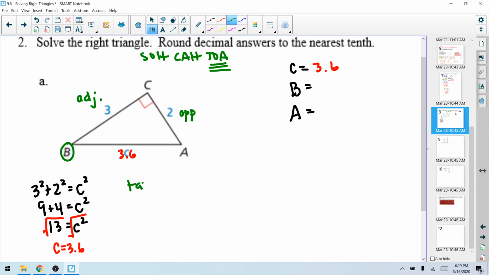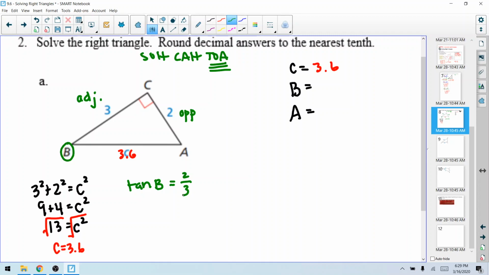So, SOH CAH TOA. If I'm dealing with an opposite and an adjacent, I'm dealing with a tangent. So, tangent of angle B equals the ratio of opposite over adjacent, 2/3. Now, in this equation, the variable is B, and we're solving for a missing angle. So I repeat, you only use an inverse sine, cosine, or tangent if you're solving for a missing angle.